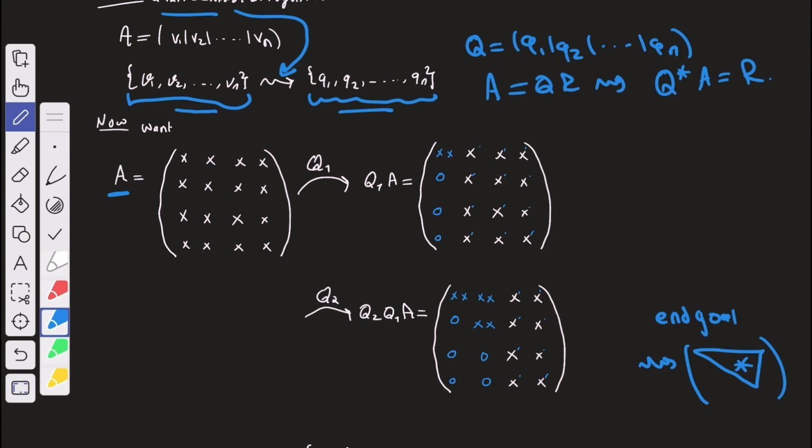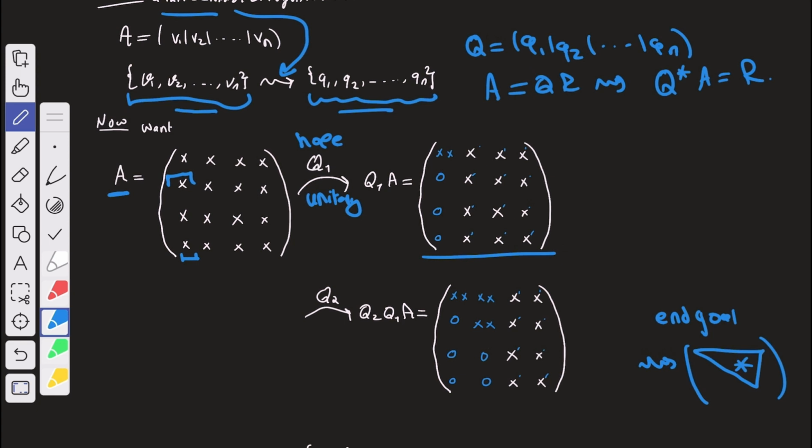Let's see how we can do that. One way is to take each column and zero out the entries below the diagonal entry. We start by zeroing out these entries, and we hope to find some unitary matrix Q1 such that when we multiply it by A, we zero out the entries below the diagonal entry and get a new matrix of this form.